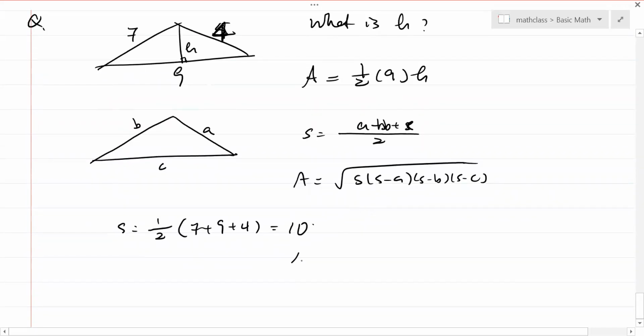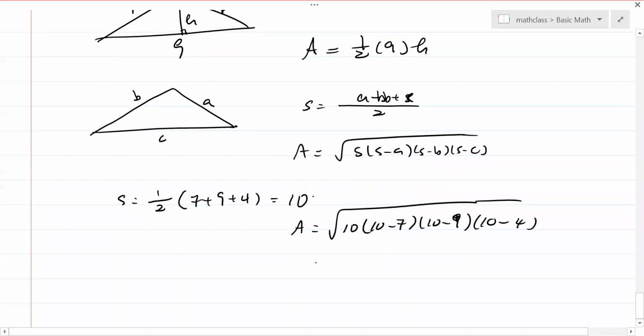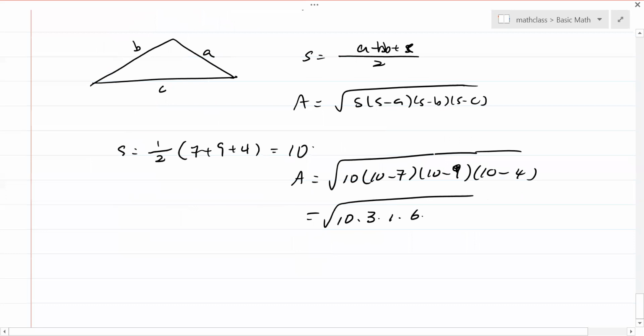So the area is going to be the square root of 10 times (10 minus 7) times (10 minus 9) times (10 minus 4). Let's see what we can get. That's a 3, that's a 1, that's a 6. Not too bad.